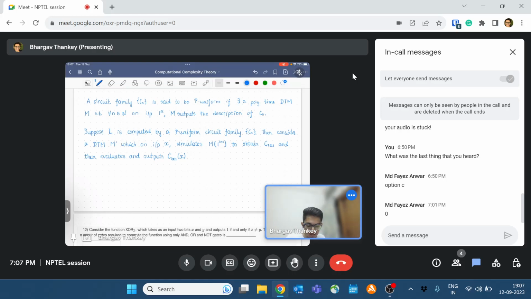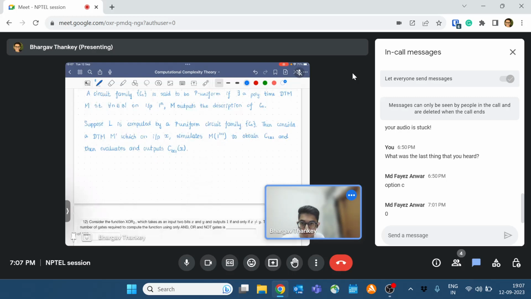And is the definition of M prime clear? Yeah. So now M prime clearly decides L. Why?